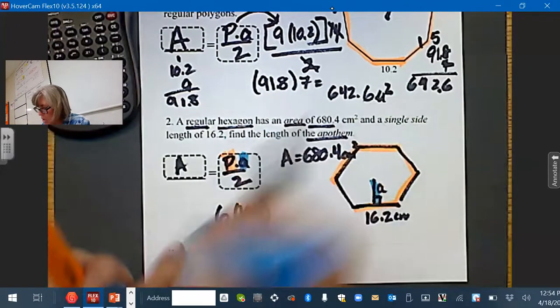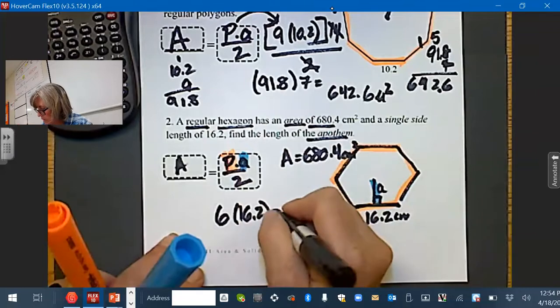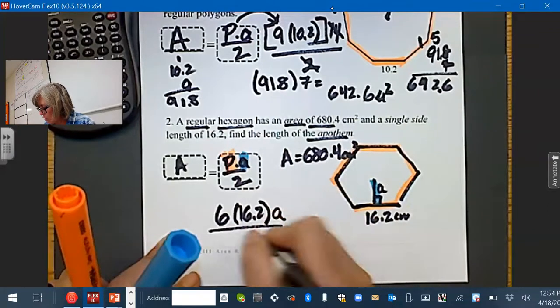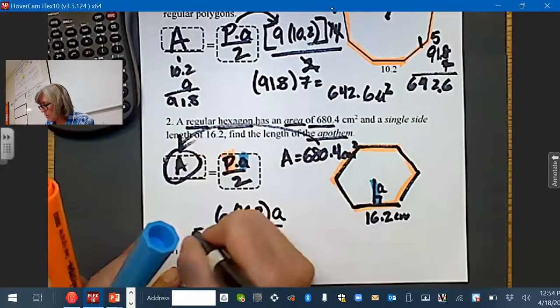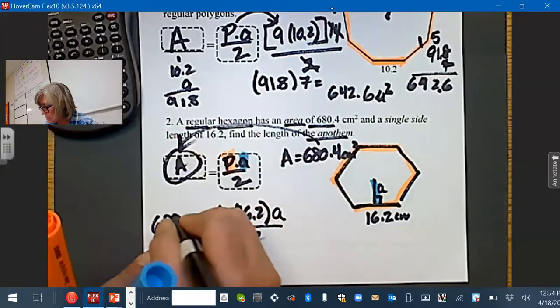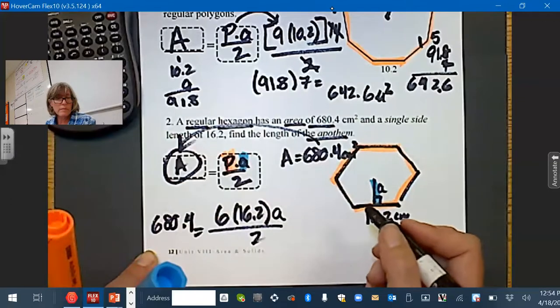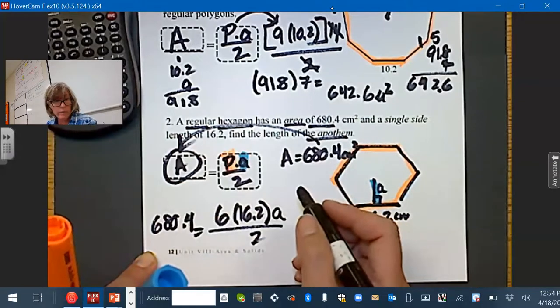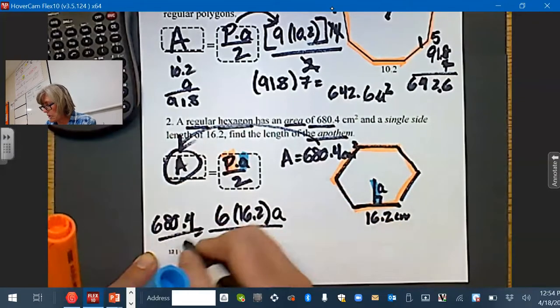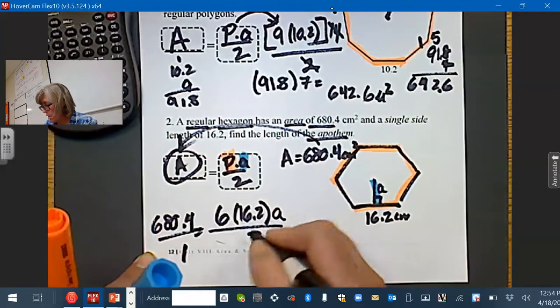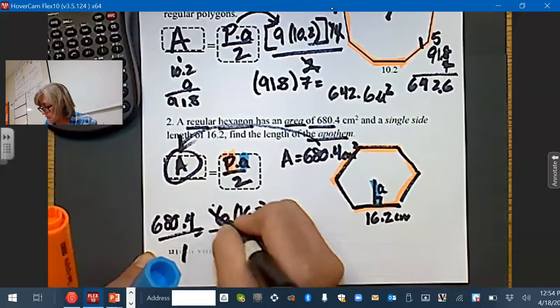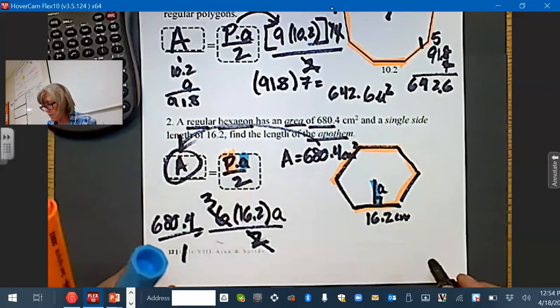That's going to be our unknown. So we're just going to call it A over 2, but we've been given the area, 680.4. We're going to solve from there. There's a couple ways you can do this. You can just cross multiply. I'm going to take the 2 and reduce that 6 to a 3.